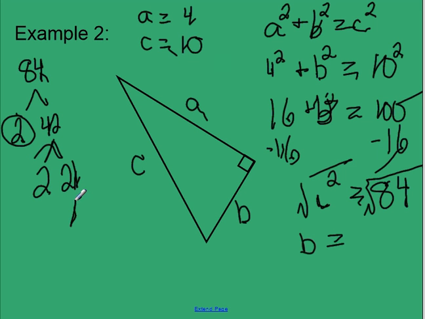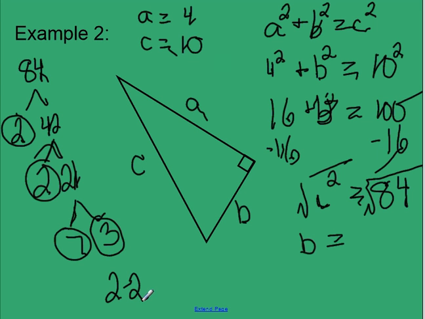And then 21 is 7 and 3. Okay, I'm going to circle all my prime numbers. And so the prime factorization of 84 is 2 times 2 times 7 times 3.